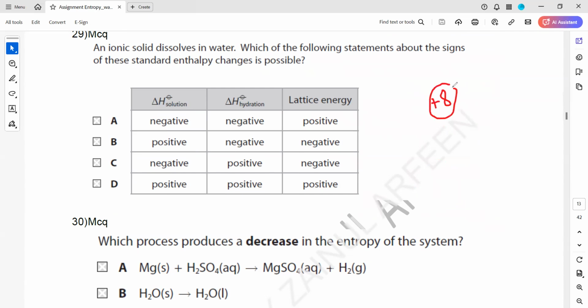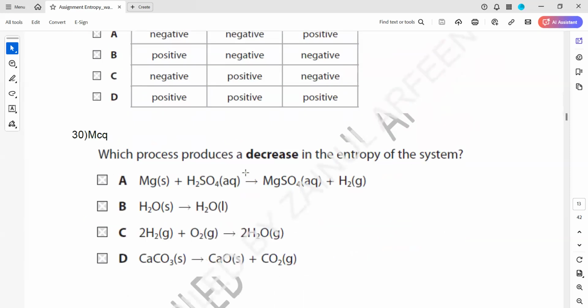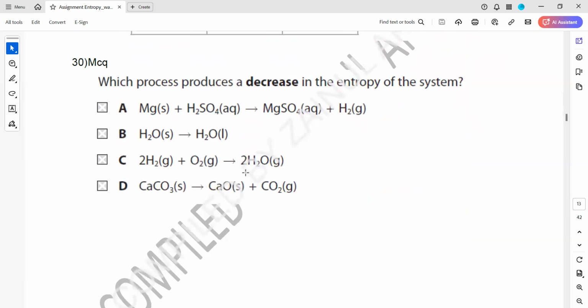So where do we get this additional energy? By stirring. That's why when you add salt to water, it will not dissolve by itself. You have to stir. Is it clear? Yes, sir, clear.